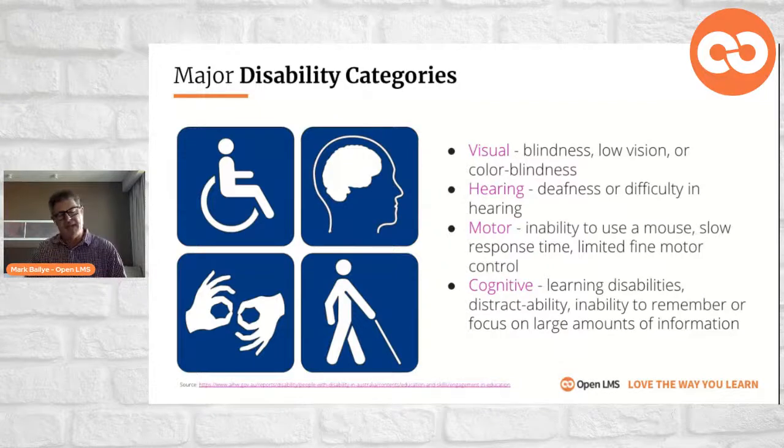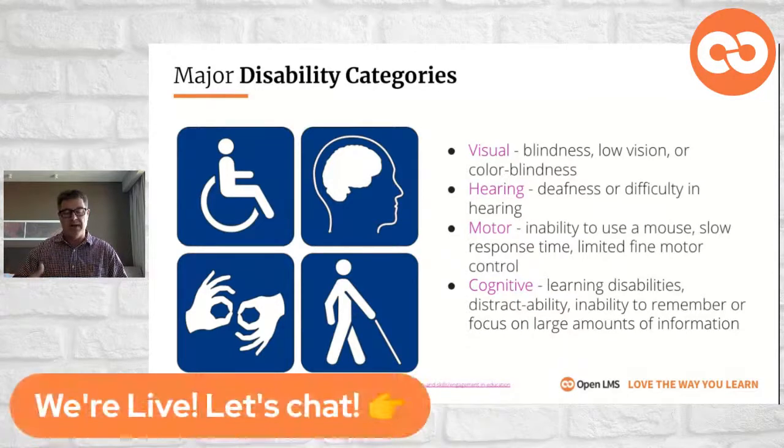And when we think about the major disability categories, whether visual, hearing, motor, or cognitive, we know that people have at least one of these, or perhaps other disabilities, that place a burden on the way in which they access learning and teaching or learning and development.